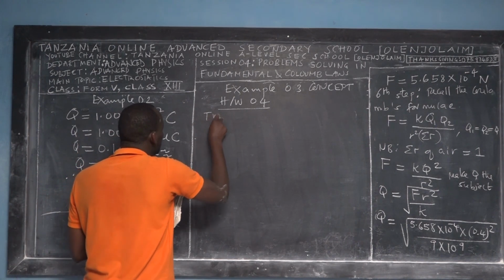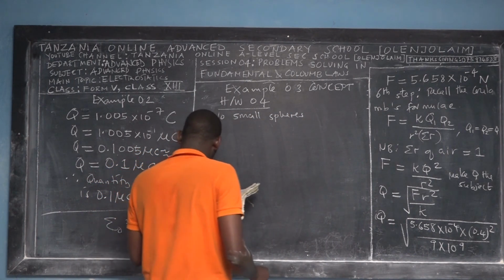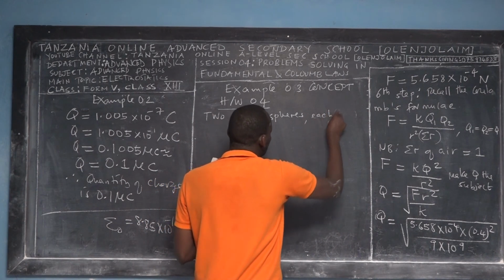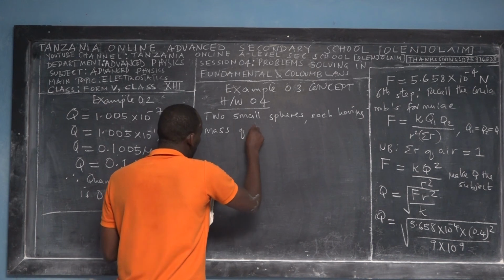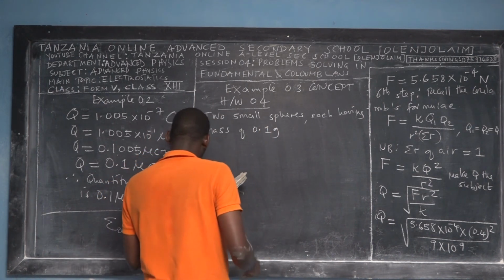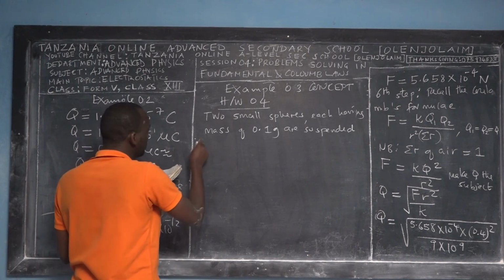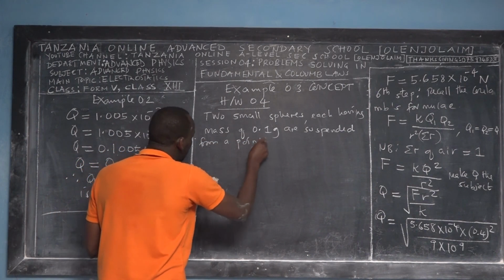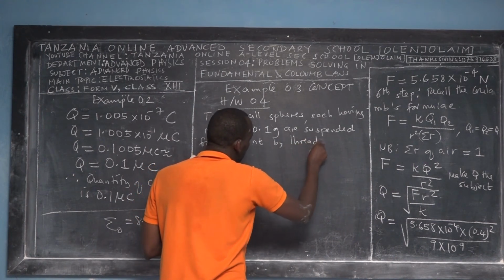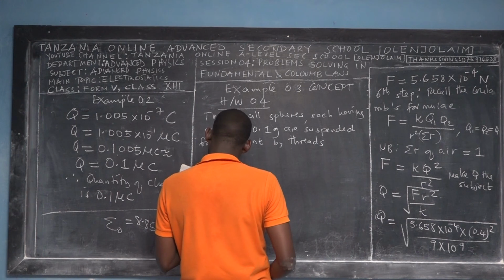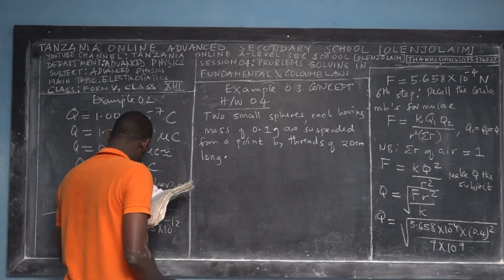And then the question states that two small spheres, each having a mass of 0.1 gram, are suspended from a point by threads of 20 centimeter long.